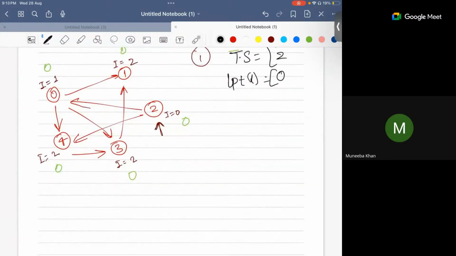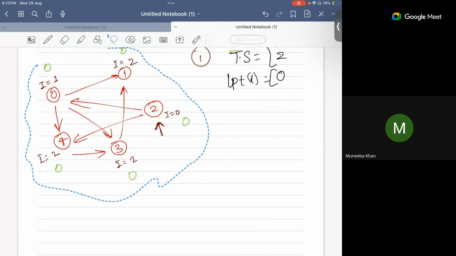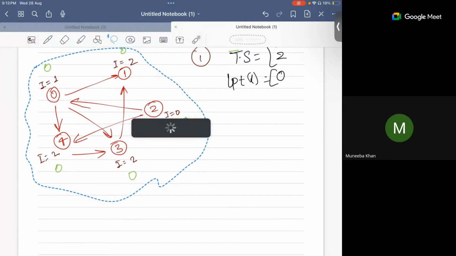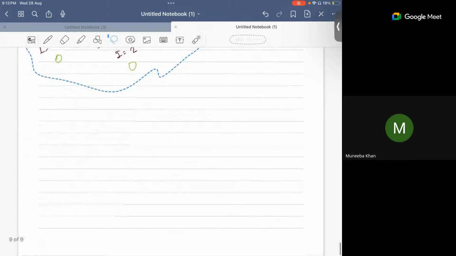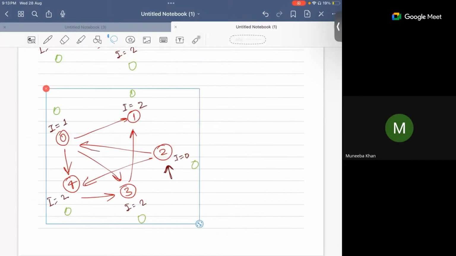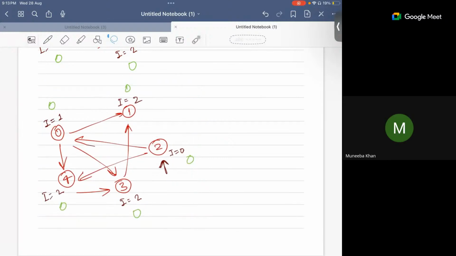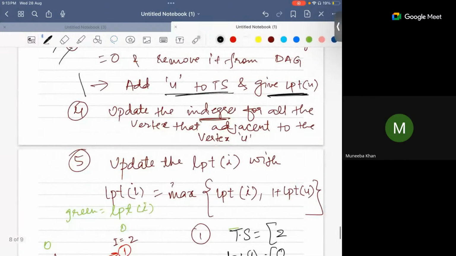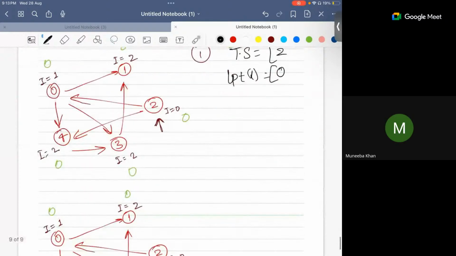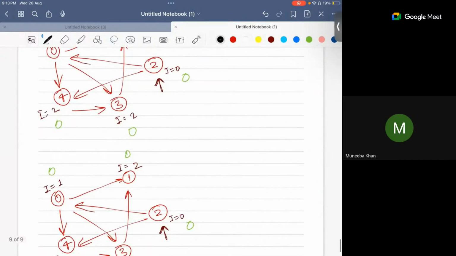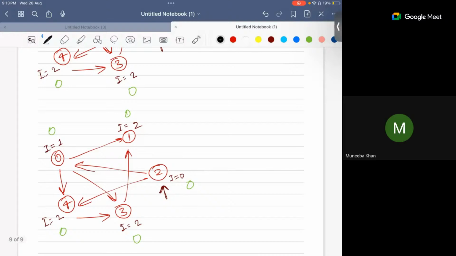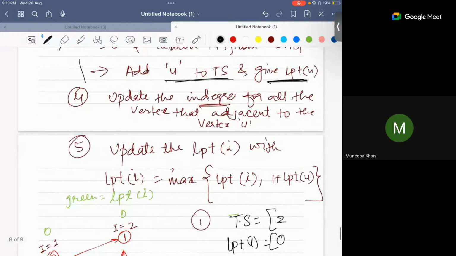I'll just copy this again. So the next step was to update the in degree for all the vertices that are adjacent to the u. For this case, the next step is to update the longest path.